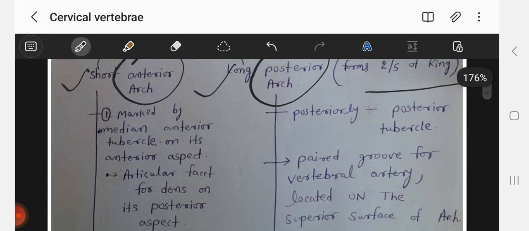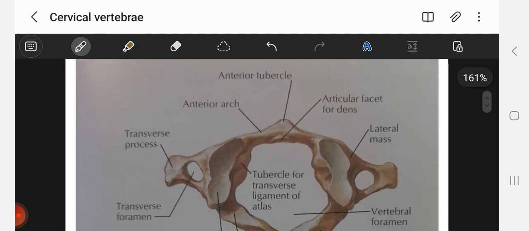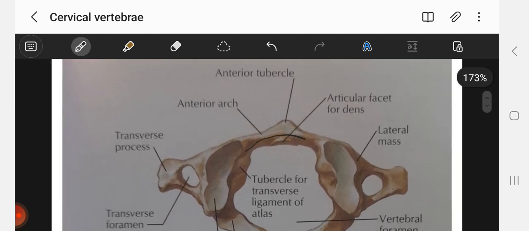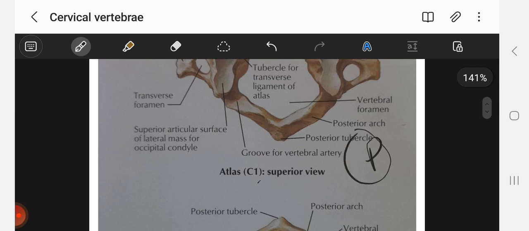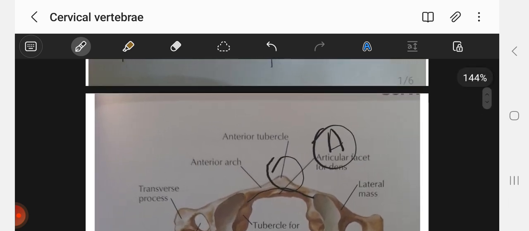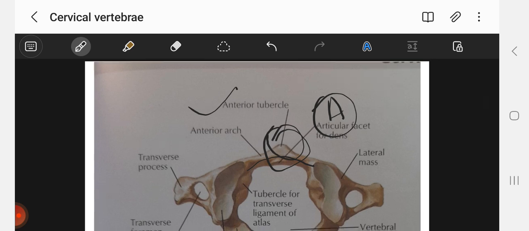The anterior arch is marked by a median anterior tubercle on its anterior aspect. If we look at the anterior arch, this is a tubercle on its anterior side. This is the anterior side, obviously, and this is the posterior side. So on the anterior side of the anterior arch there is a tubercle, which is called the anterior tubercle.